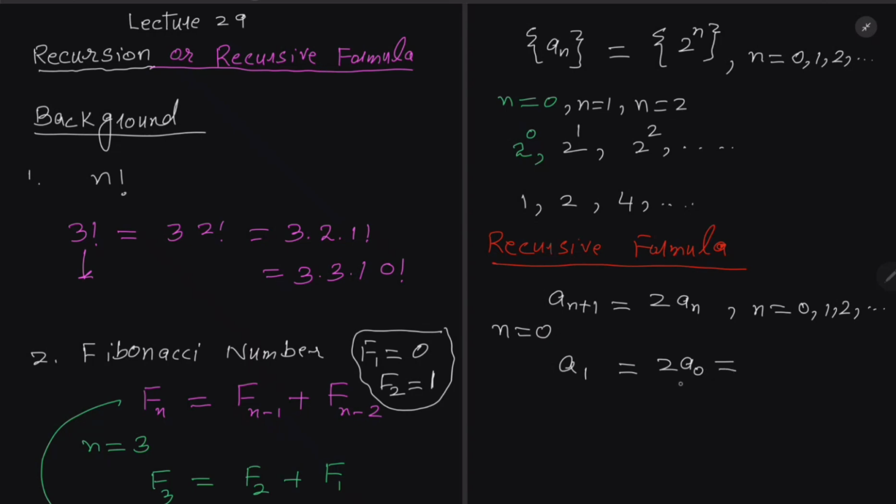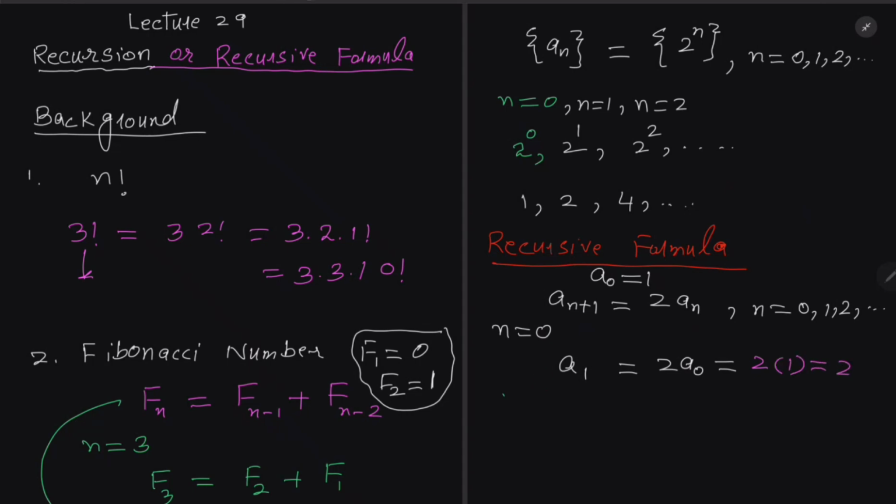So we need a value for a0. A suitable value of a0 can be taken so that you get the same sequence as we found through the sequence formula. So we can take a0 equal to 1.